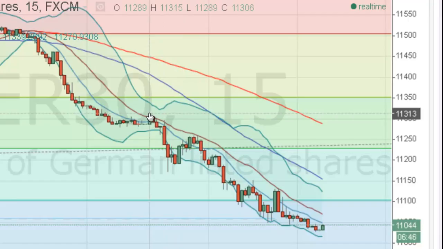So it's the 20 close, so it looks at the closing price at the end of a 15-minute interval, and it averages 20 15-minute periods' closing price to get the average value for the brown line.